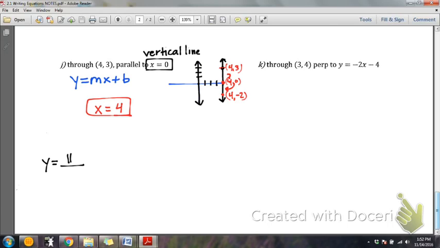Y equals a number is a horizontal line. Make yourself a note at the bottom, please. You're going to need this for your homework. Horizontal goes this way. X equals a number means that it is a vertical line, meaning it goes up and down. You're going to need to know that for your homework today.